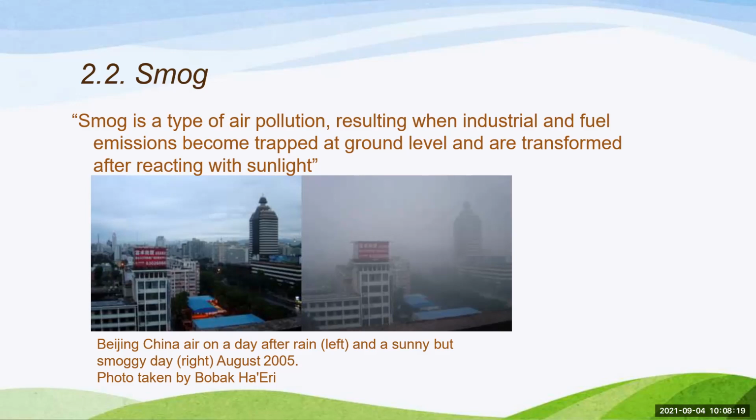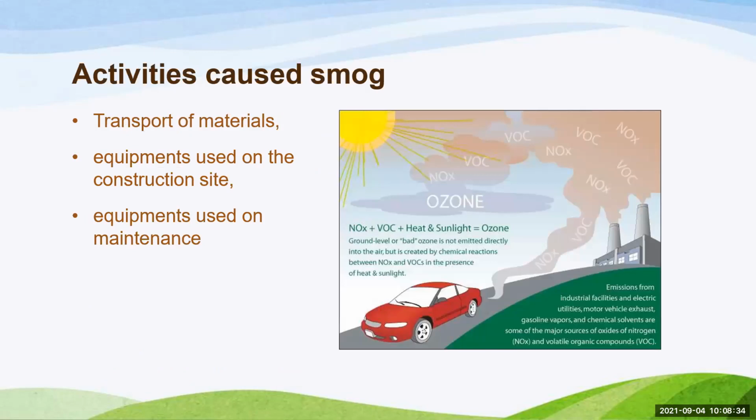So this situation is created from air pollutants. Smog is a type of air pollution where industrial and fuel emissions become trapped at ground level and are transformed by reacting with sunlight. Which type of activity creates smog? First, transport of material.